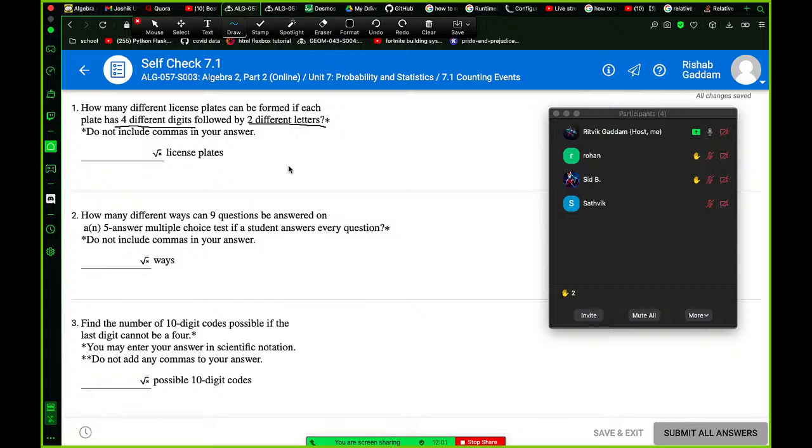So basically there are 4 different digits, like 1, 2, 3, 4, and then 2 different letters like A and B. So it's asking you how many of these can happen. If you want to do the first problem, raise your hand in the chat. I see that Rohan and Sid already have their hands raised. So Rohan, you can do number 1.